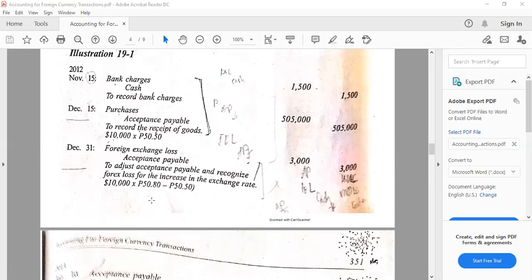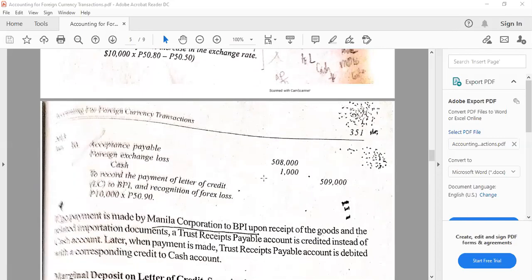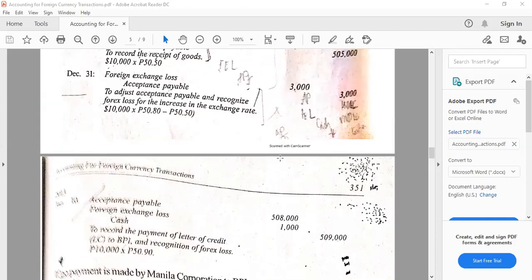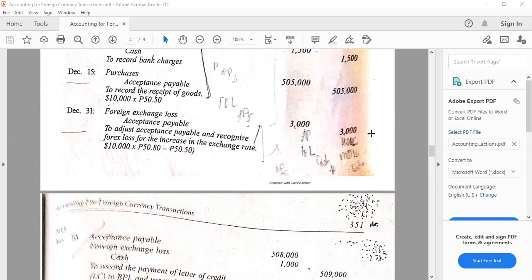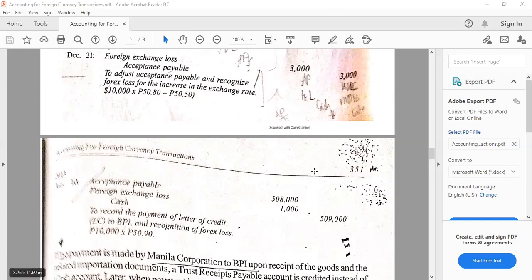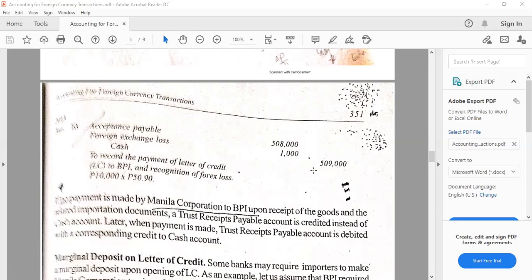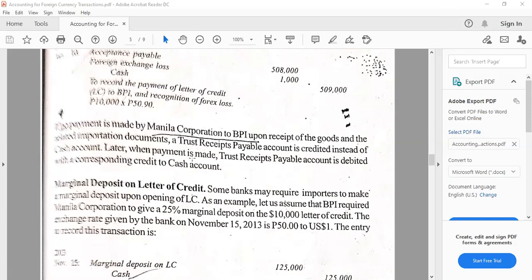So that's why 0.1 times 10,000 is 1,000. And that's still a loss because we have to pay more. 10,000 times 50.9 pesos, 509,000. And we have to close the accounts payable balance prior, which is 505,000 plus 3,000, right? So that's how simple it is to record the said transactions.